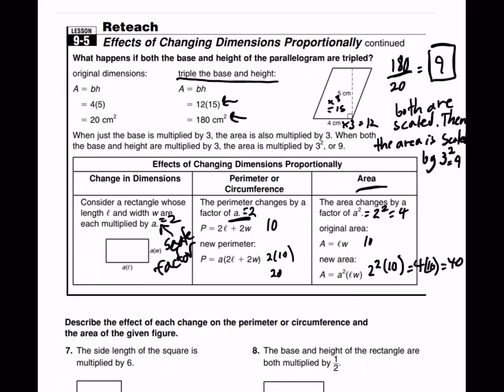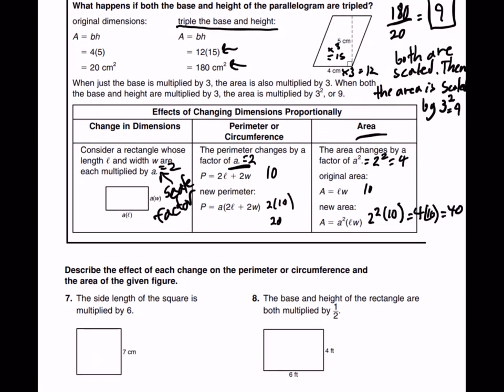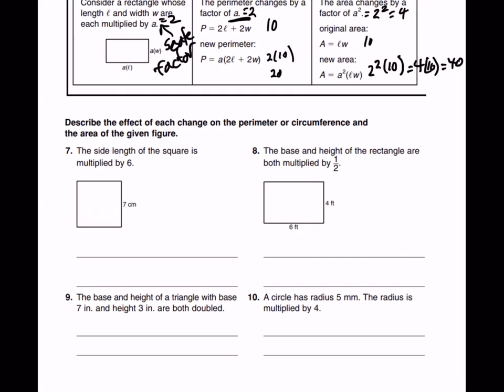So perimeter changes by the same scale factor, and area changes by the scale factor squared when both dimensions are changed.